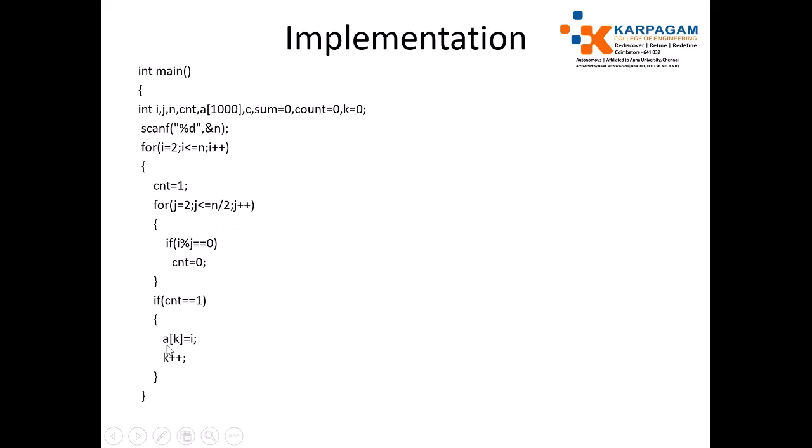So the set of prime numbers is accumulated in the array A. Okay. Initially k will be 0. Whenever you add a prime number to the prime array, k will be incremented. So you are storing the set of prime numbers in the array in this loop. Okay.